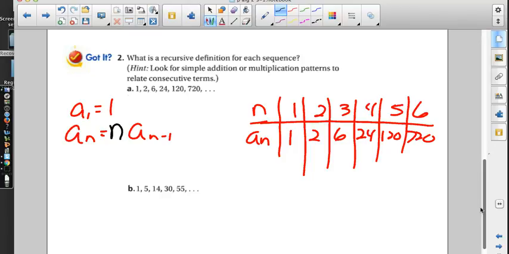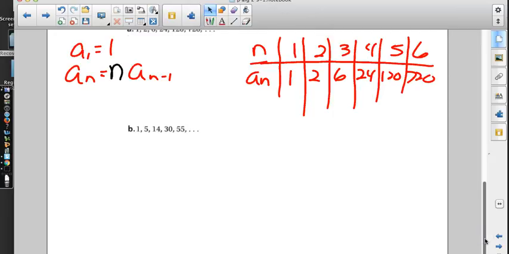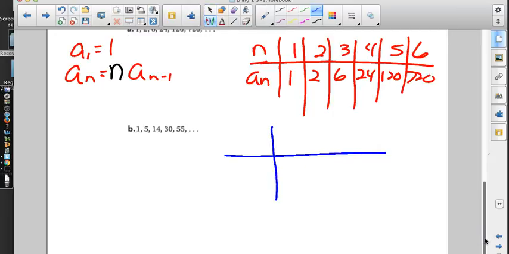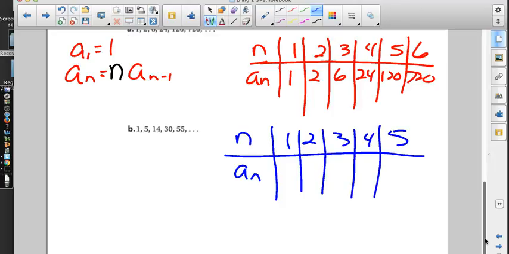Minus 1. So once you know where to look, not so bad. All right, let's look at this one. First term is a 5.